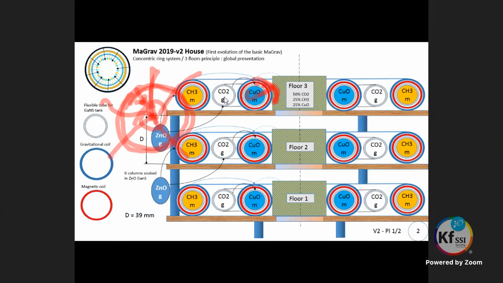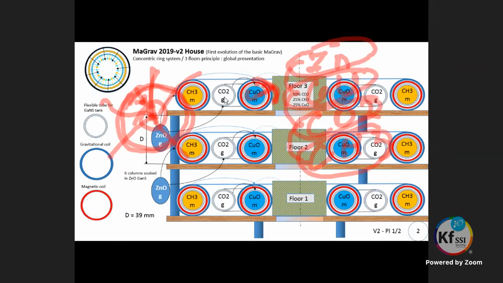So if you have zinc, you have Cu, you have CO2 or CH3, it has to be in this form, I think, because the higher you centralize, the more it opens.